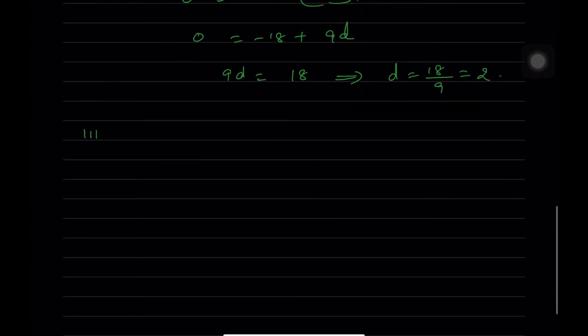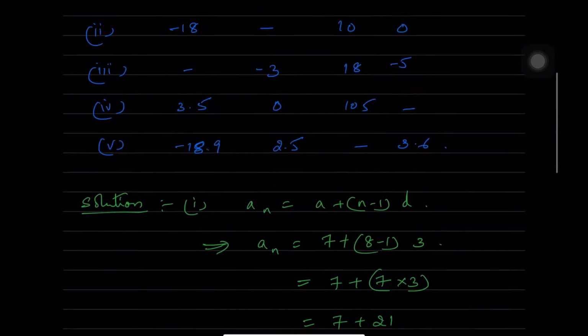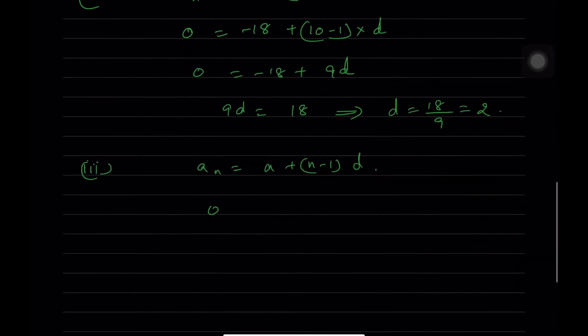Then the third one, AN is equal to A plus N minus 1 into D. Here we have to find out in the third one what is A, the first term. So AN is equal to 0 in this. No, AN is equal to minus 5. It's not 0.